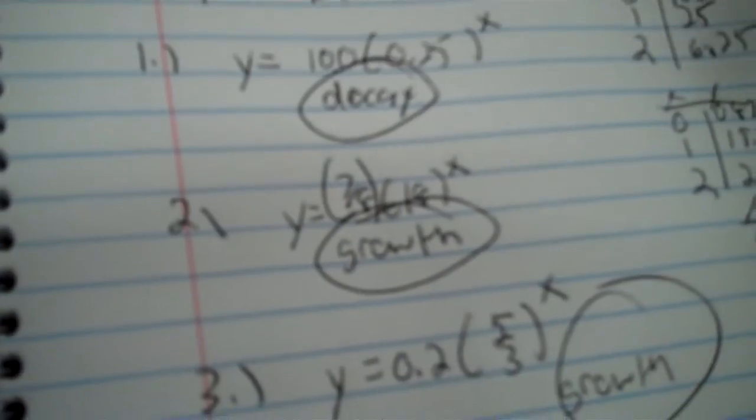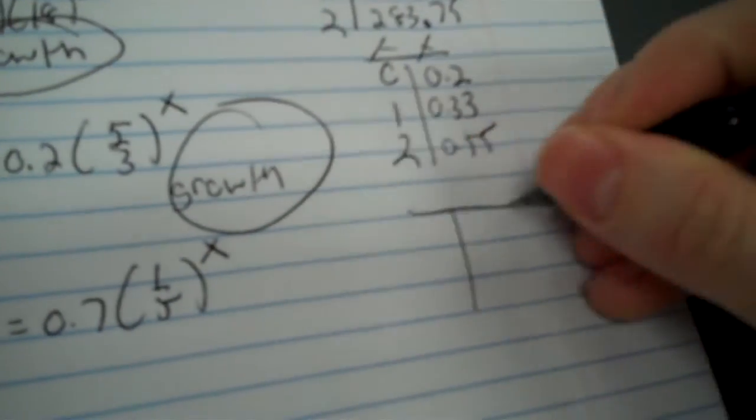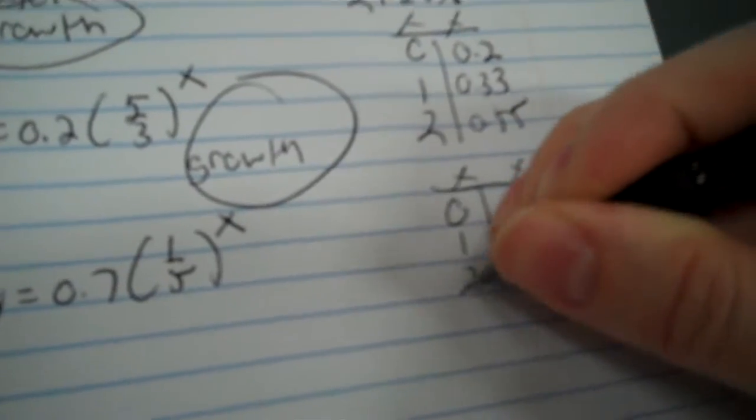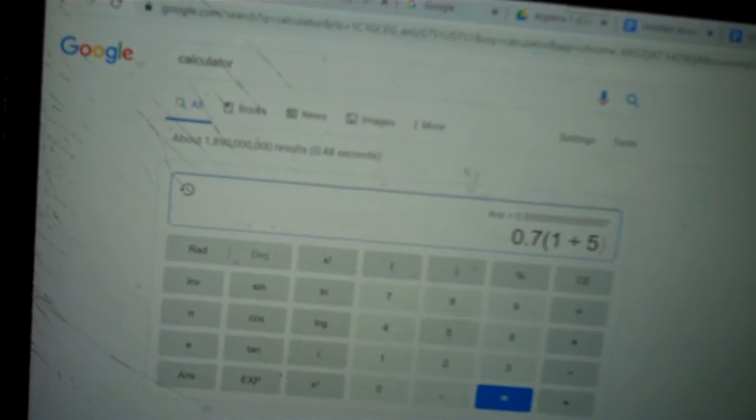Okay, then number 4, the last of these ones. Okay, we've got y equals 0.7, then 1/5 to the x power. Okay, so you're going to go 0.7 parentheses 1 divided by 5, close that parentheses, hit the power of 0.